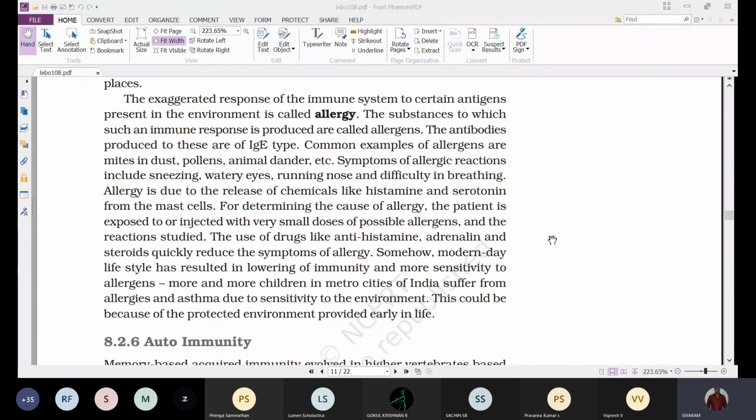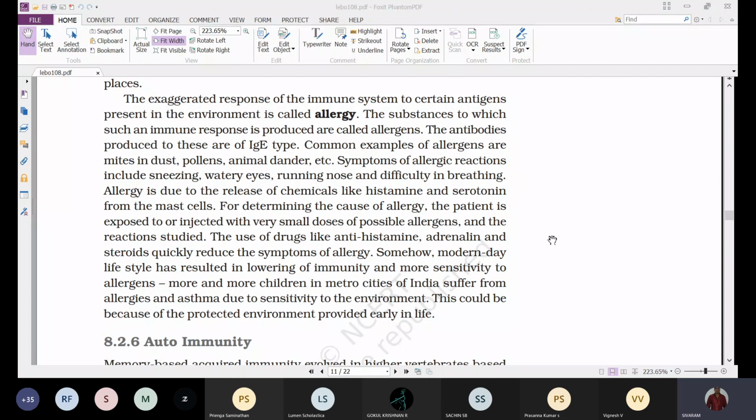When a herd of animals is moving together, a large amount of dust is produced through their legs, and this dust is also a type of allergen. So mites in dust, pollen, animal dander, etc.